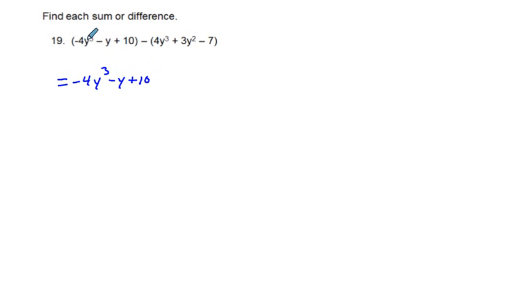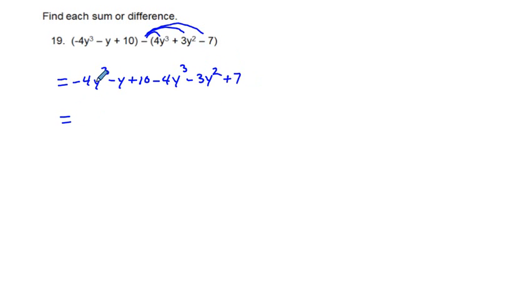No rewriting done for this first set of 3 terms. And then we have the second set of 3 terms in the second set of parentheses. So we're going to put minus 4y cubed and minus 3y squared. And then we have minus 7, which is going to end up being plus 7.